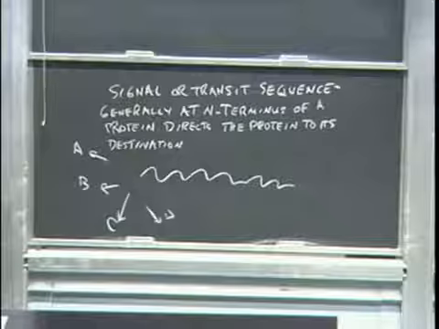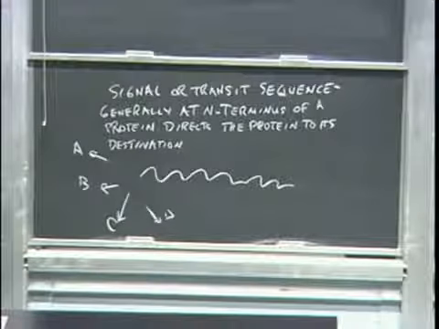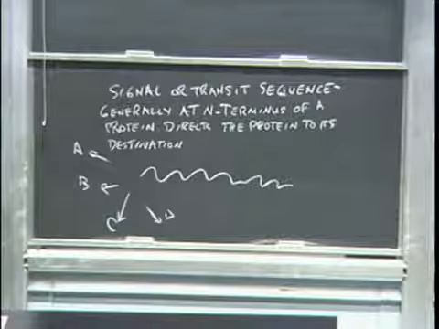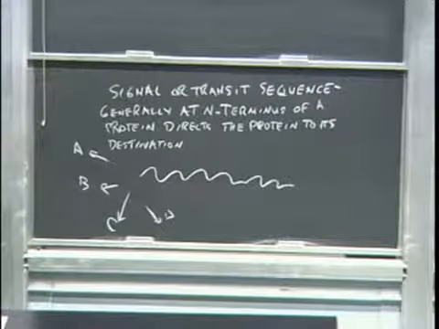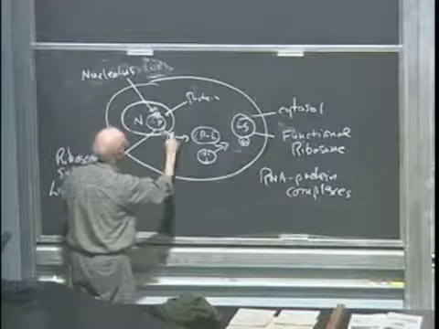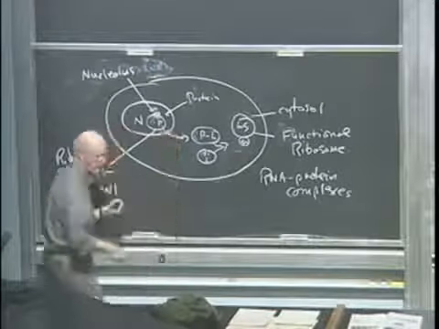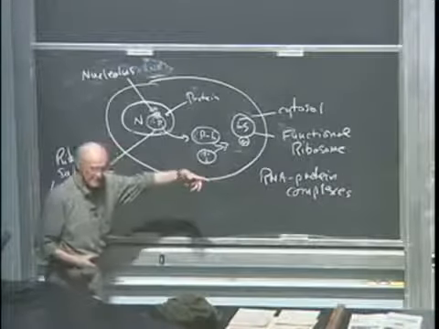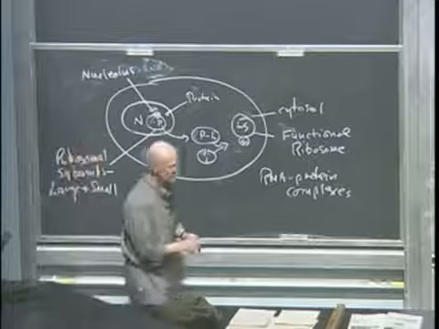Based on the size of these ribosomal subunits, these 2 subunits, which are very large, these things have to go out through a fairly substantial pore. So large pores are used for transporting big things out.